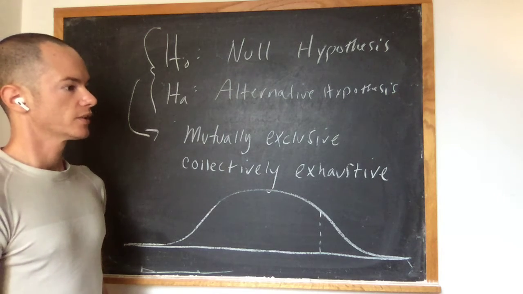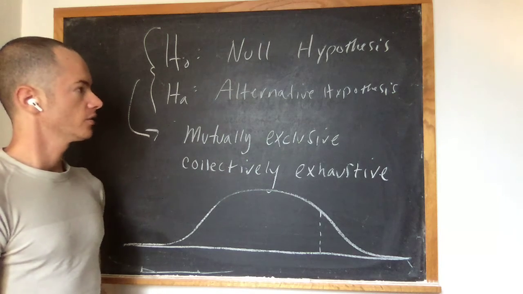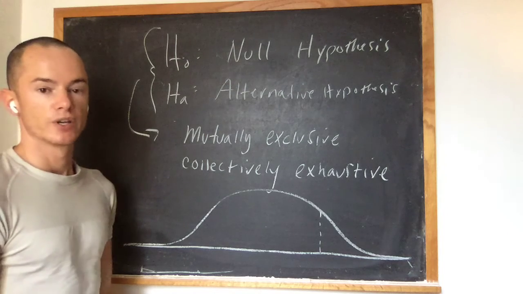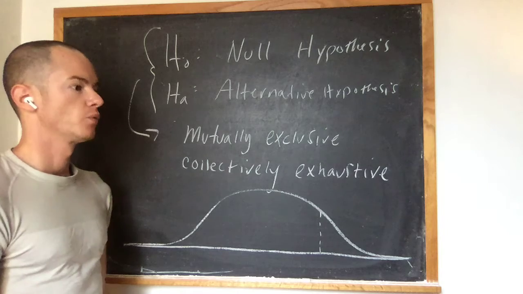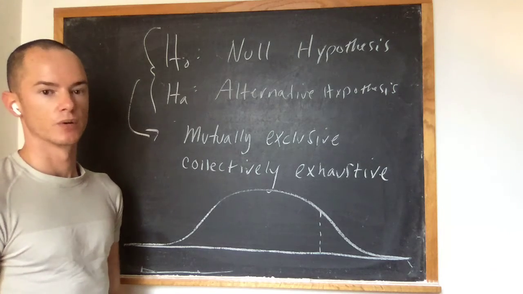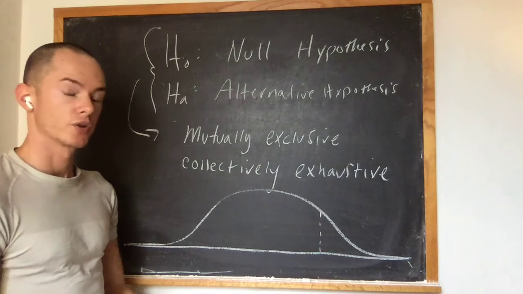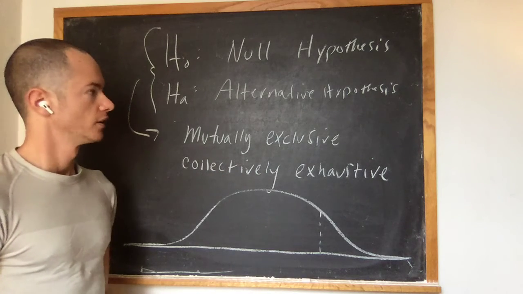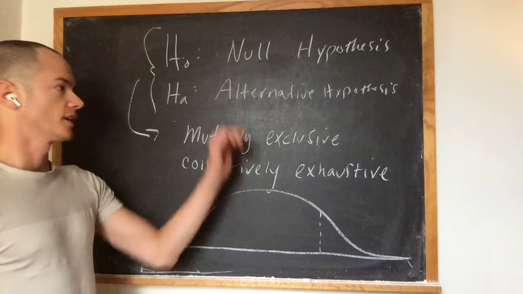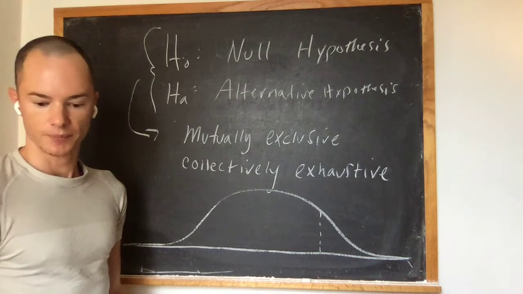So if we want to test whether a coefficient is greater than 1, then the null is going to say the coefficient is less than or equal to 1. And we're going to try and prove that the coefficient is not less than or equal to 1, so that we have evidence that it is actually greater than 1.